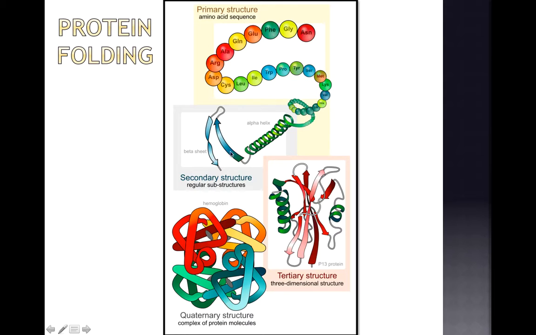The secondary structure is given when, depending on the particular sequence of amino acids, these amino acids are going to fold or form helixes or twists and turns, depending on the electrical charge, whether they repel or attract each other, the geometry, the specific structure of the sequence of amino acids that go together. So that's the secondary structure.